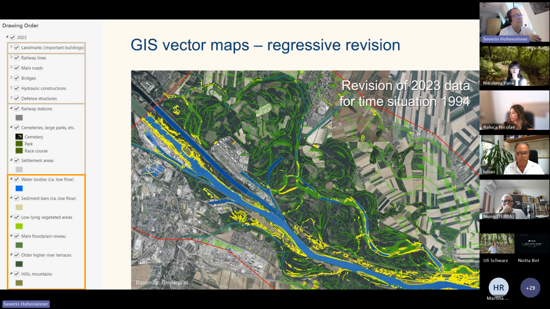The yellow lines show the changes that have to be done. In fact, there are even more. I was not able to finish it until now in this area. But this is only a fifth of our study area, so you can imagine this is quite a lot of work. So we always copy the data, rename it for the new time situation, and then we change what has to be changed.